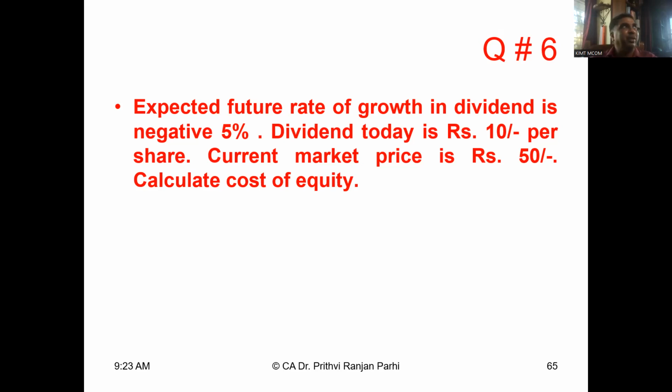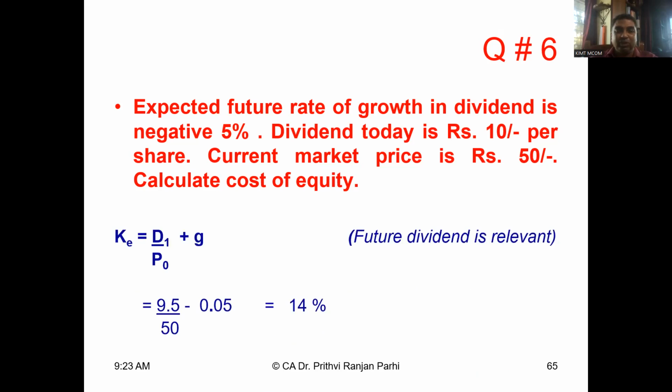Again, I am repeating for your benefit. If you see, what is D1? Since growth is negative, today's dividend is 10 rupees. In future, it will be less by 5%. So it becomes 9.5. So D1 is 9.5 divided by P0 is 50.